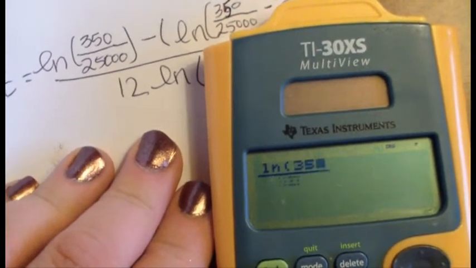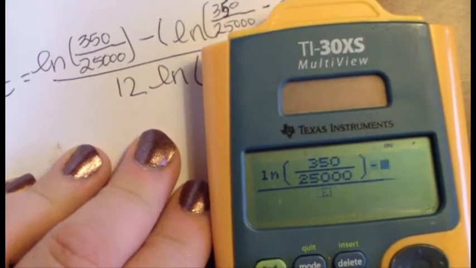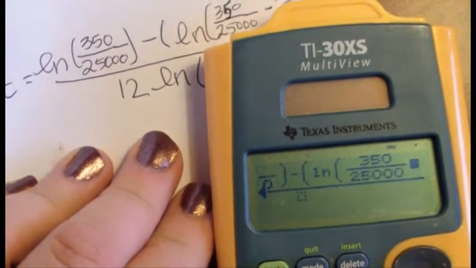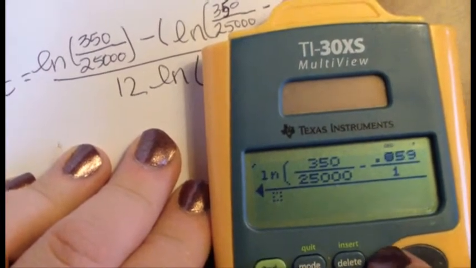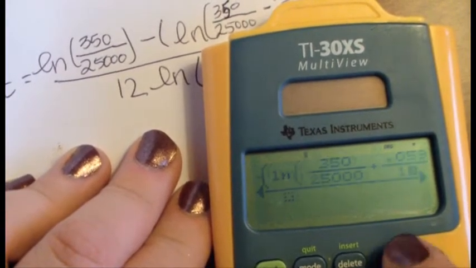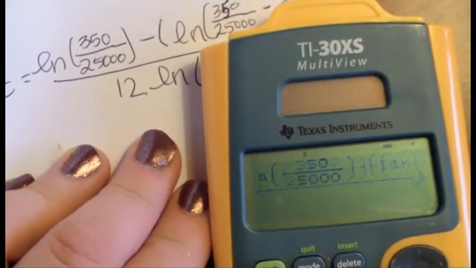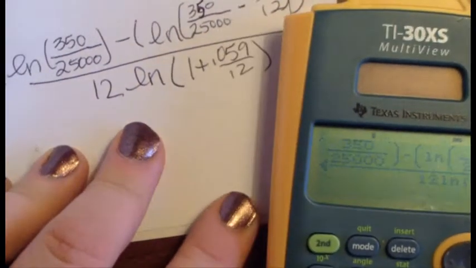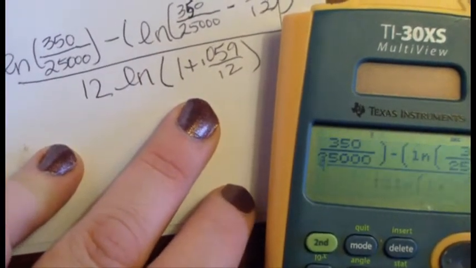Natural log 350 over 25,000 minus natural log 350 over 25,000 minus 1.059 over 12, that should be a plus, and over 12, two closures, 12 times the natural log of 1 plus 0.059 over 12.